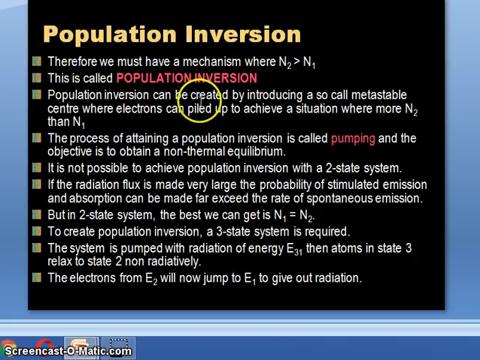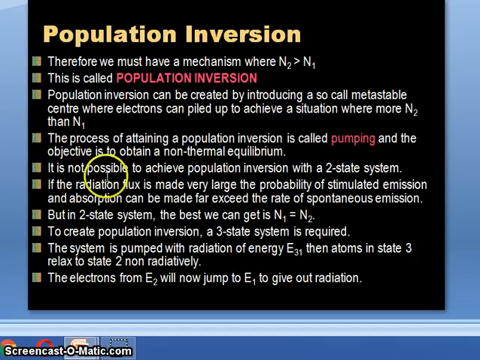Population inversion can be created by introducing a so-called metastable center where electrons can build up to achieve a situation where there is more N2 than N1. The process of attaining a population inversion is called pumping, and the objective is to obtain a non-thermal equilibrium.